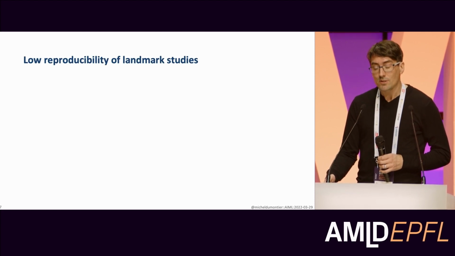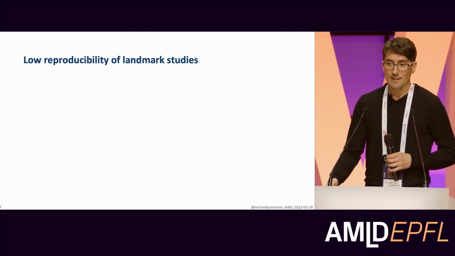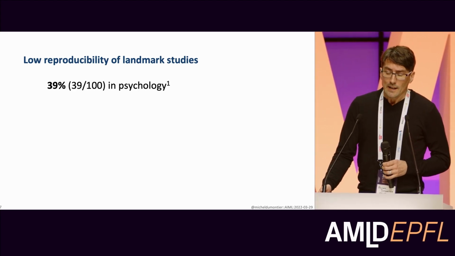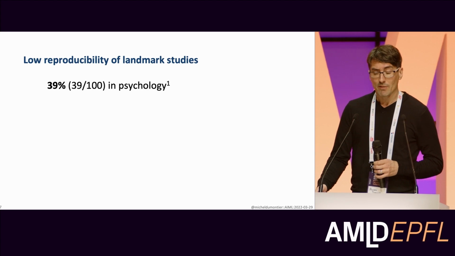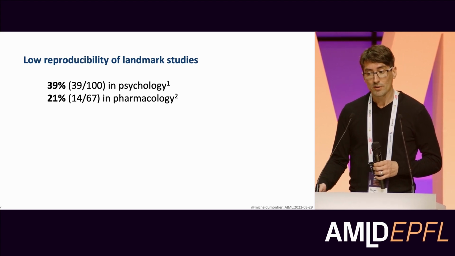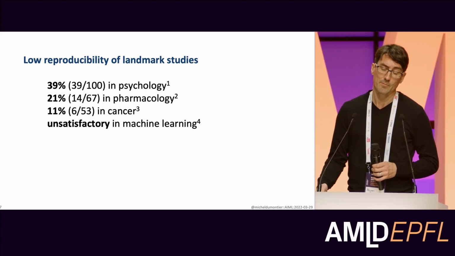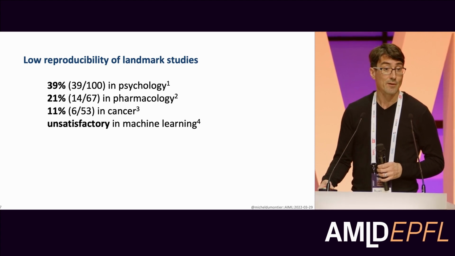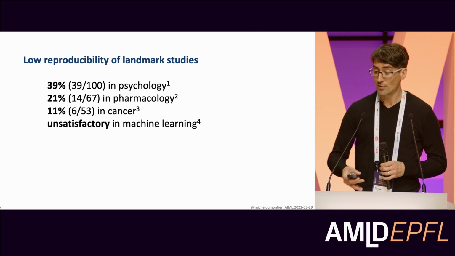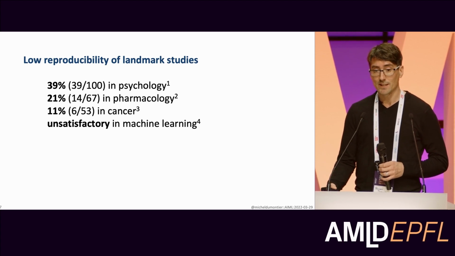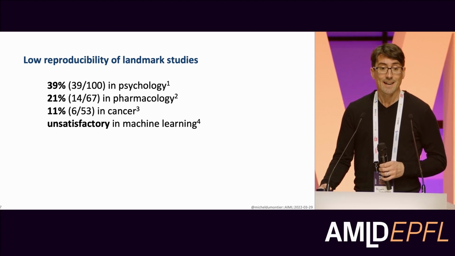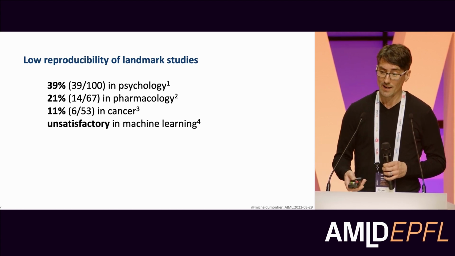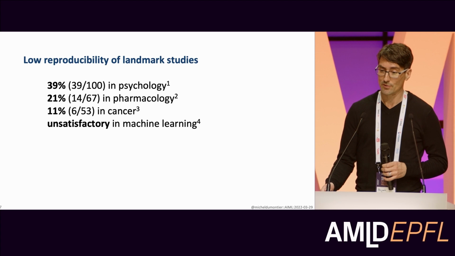The other concern, generally speaking, is that this is only a symptom of a larger problem. In the reproducibility of landmark studies, in psychology, in pharmacology, in cancer, and in machine learning, we find over and over again it's difficult to obtain the results that have been published. This is due to the lack of very specific details in the methodology sections, and even when you reproduce the study as indicated, you are unable to obtain those results.